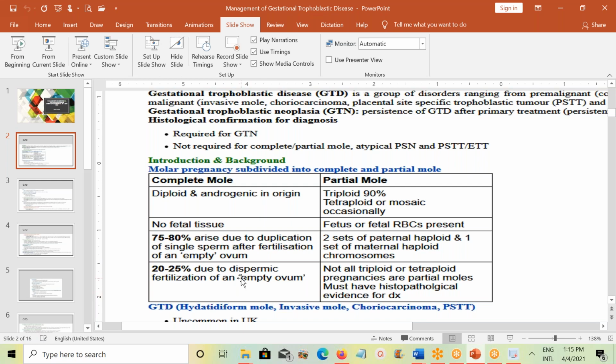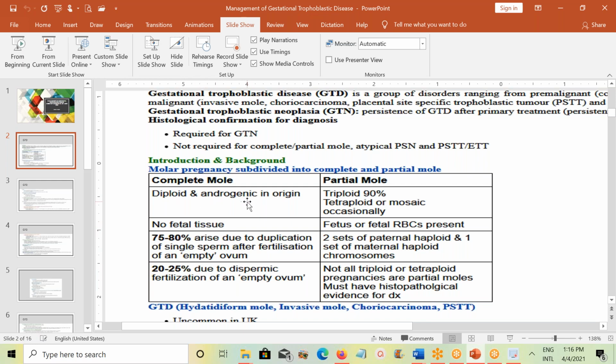If you recall, the baby is formed from the maternal DNA. The mother has the code for the development of the baby, and the placental tissue is formed from the father's DNA. So if it is not there, then there can be problems. Basically, the complete mole is only of paternal origin.